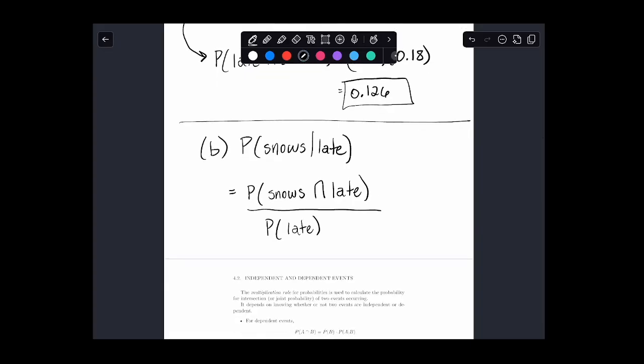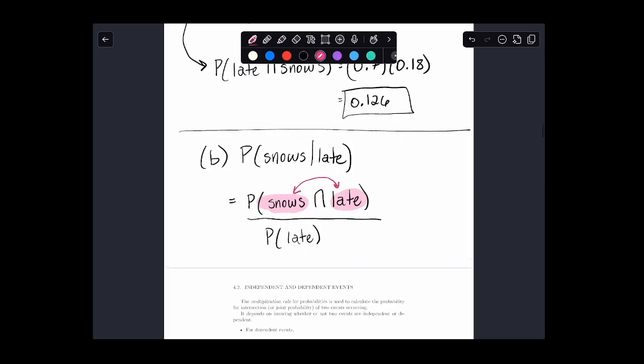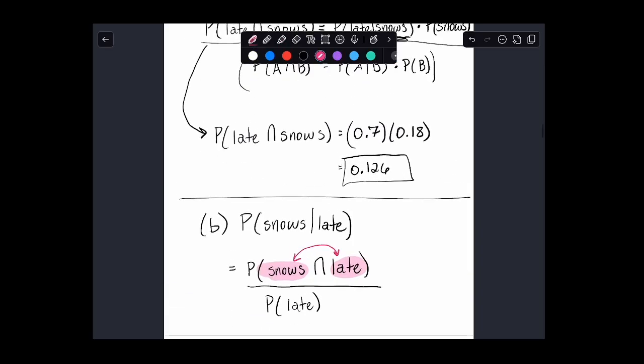Well, it turns out that if I'm finding the probability of an intersection, it doesn't matter the order. So I could have switched the order of these, the snows and the late part, in that situation, and we already know the probability of that intersection. We found it in part A. So that intersection probability is 0.126. And the probability that they were late, they gave us in the problem, that was 0.17.